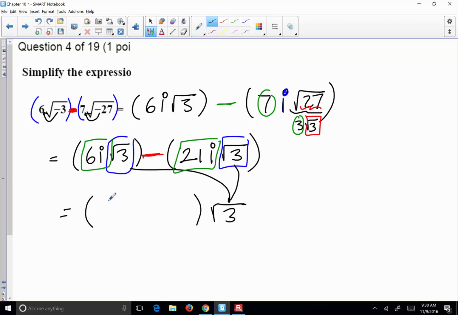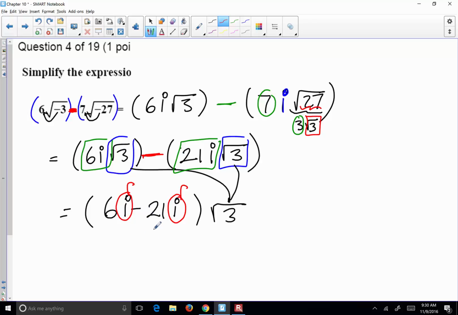So it is 6i take away 21i. What is 6i minus 21i? Just think like this: 6 apples take away 21 apples. How many apples do you have left? Negative 15.